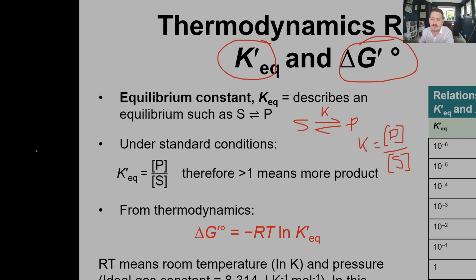Now, notice the little apostrophe here. This means under standard conditions. So that means 1 molar substrate, 1 molar product. It means pH 7, and it means room temperature and room pressure as well.